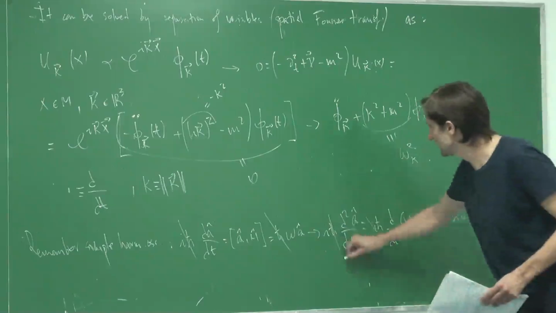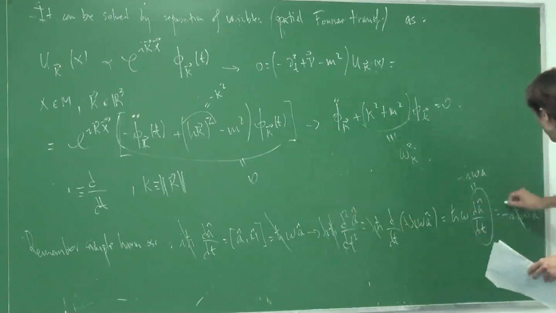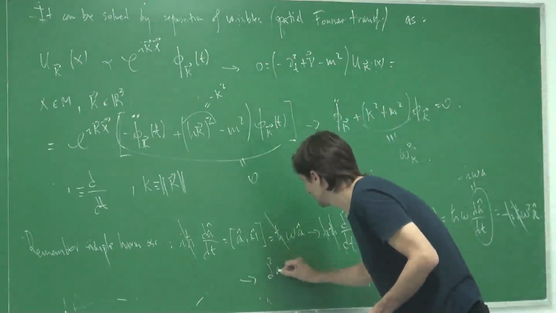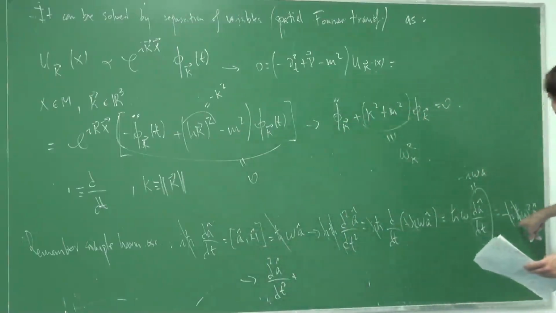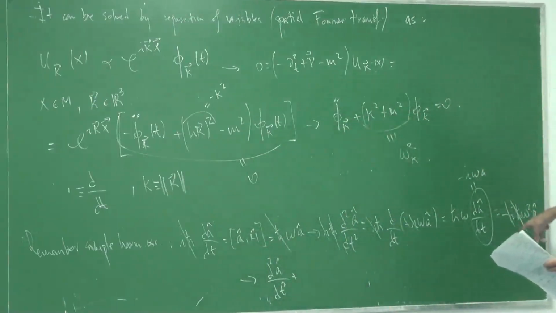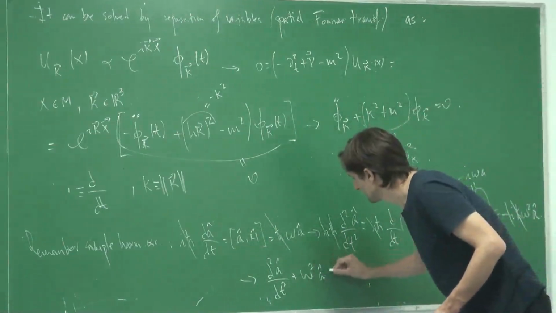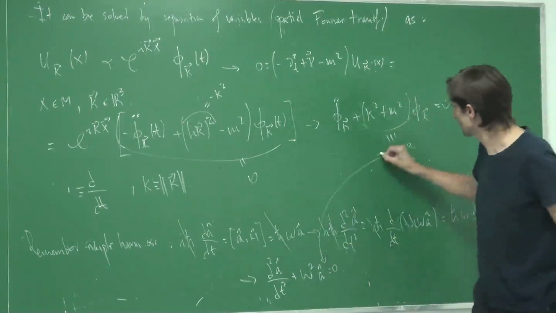The h bar and the h bar go away. The i and the i go away. And so you have the second derivative plus omega squared A equals 0. And that's just the same as this.